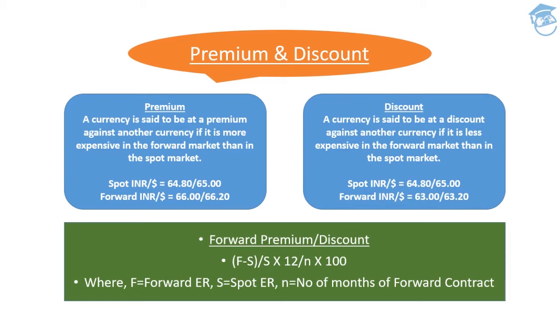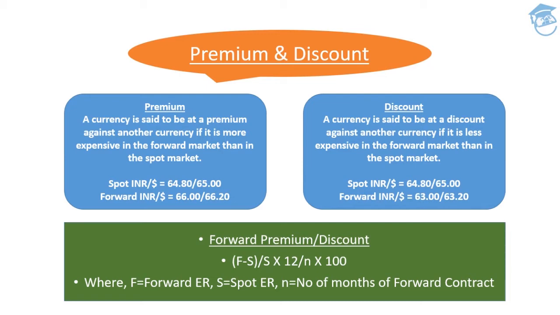The same dollar can be purchased after 2 months at 66.20. So simple: the US dollar is at premium. A currency is said to be at premium against another currency if it is more expensive in the forward market than in the spot market. Simple, guys, clear, cool.